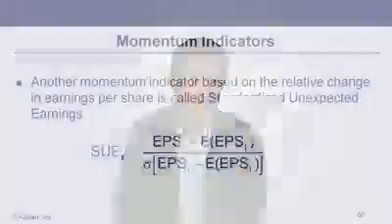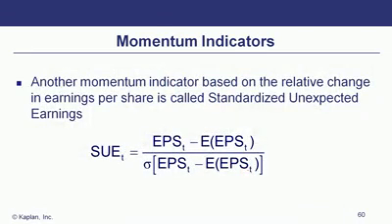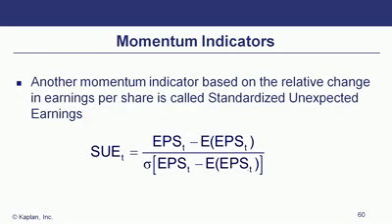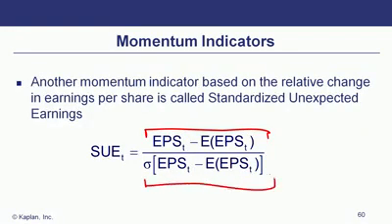Another momentum indicator is also based on the relative change in earnings per share. It's called the standardized unexpected earnings. Based off of this relative change in earnings per share, you'll notice this should look familiar. Essentially, it's the earnings surprise versus the volatility of that earnings surprise.